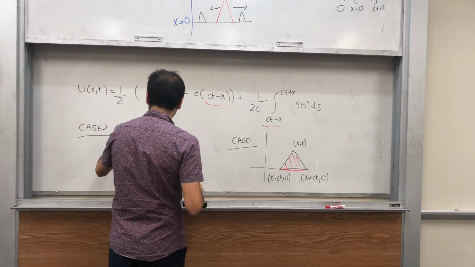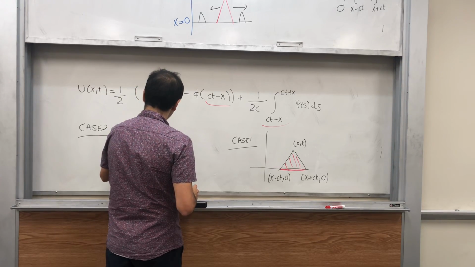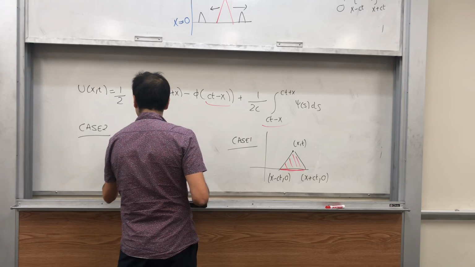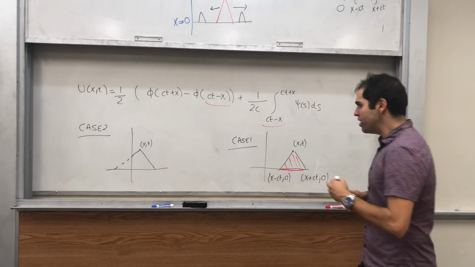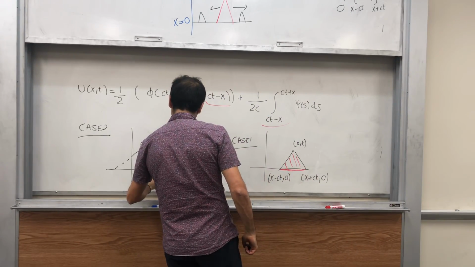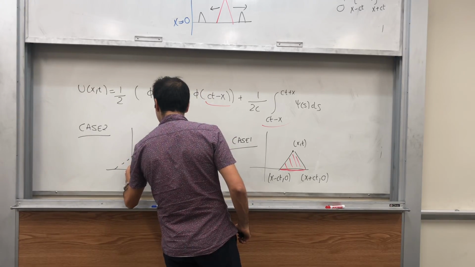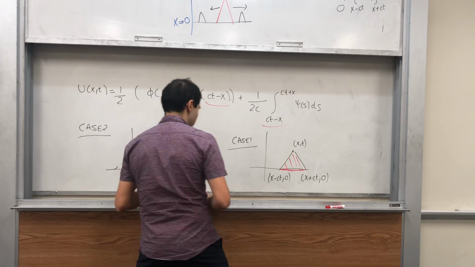Because suppose you have a case like here. This is now x comma t. Then, what we're supposed to have is a domain of dependence like this. Just a triangle. But here, we don't quite have this. So this is still x plus ct, 0. But then ct minus x becomes this actually. ct minus x, 0.